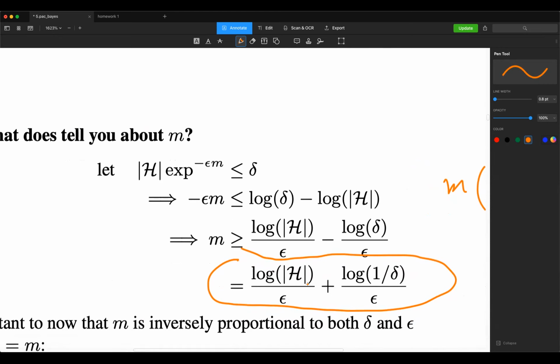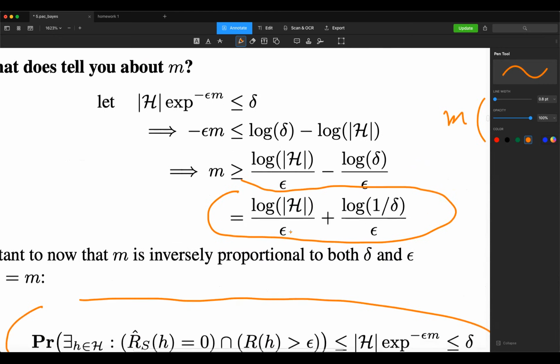So which one is better? Which bound is a lot tighter? Do you prefer to have epsilon, or you prefer to have 2 epsilon squared? Let's think about this.